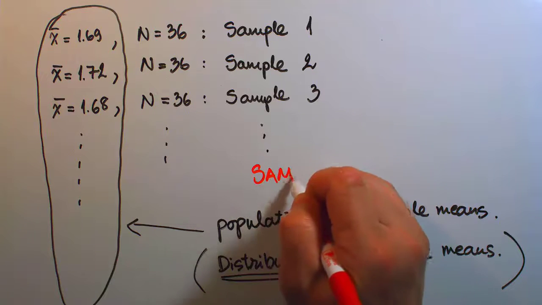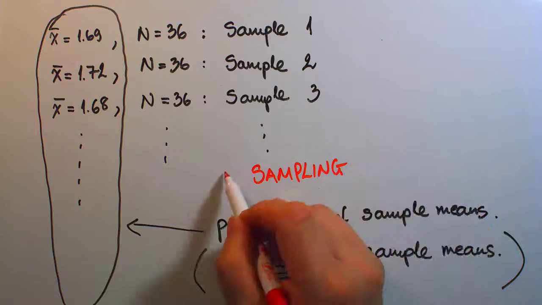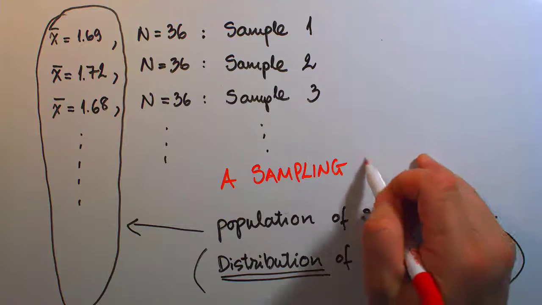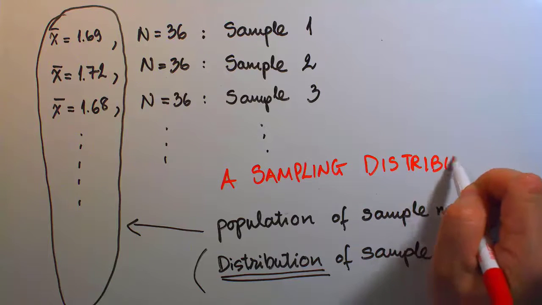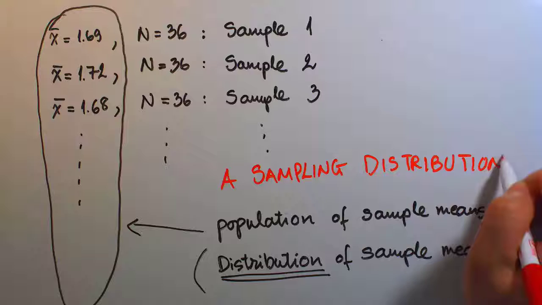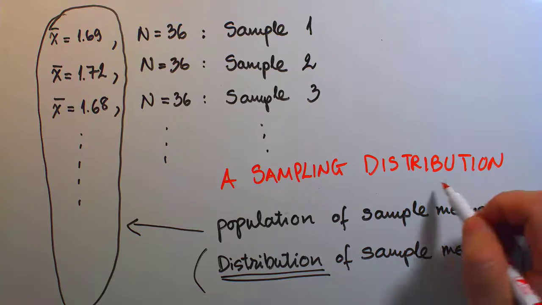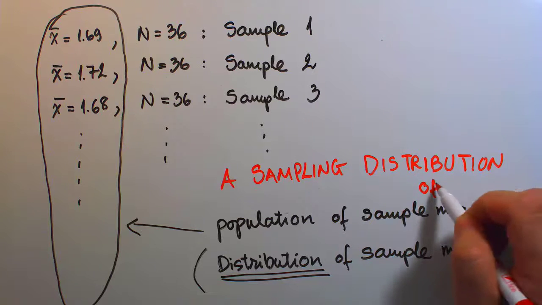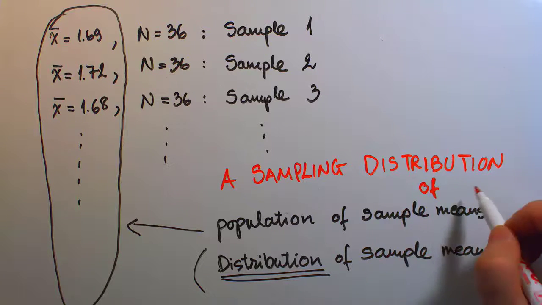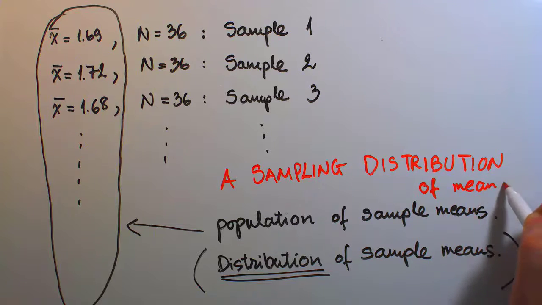It's a sampling. So what we have here is a sampling distribution. For our problem here in particular, we're studying gas prices, so sampling distribution of mean gas price.